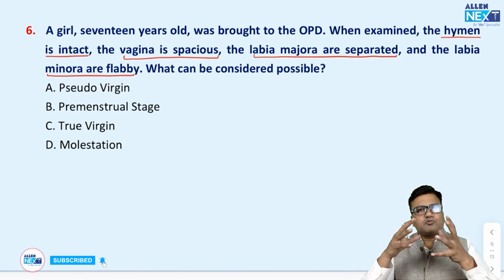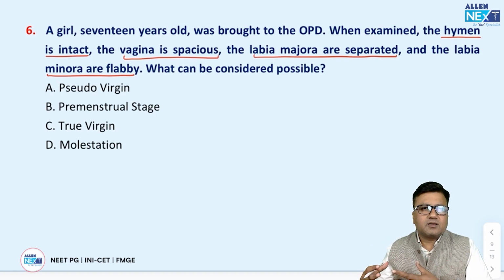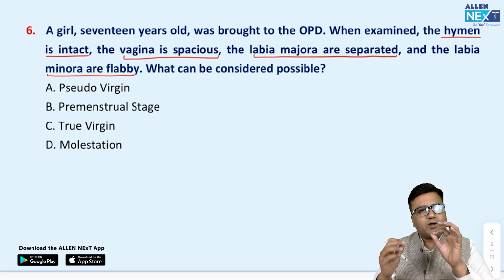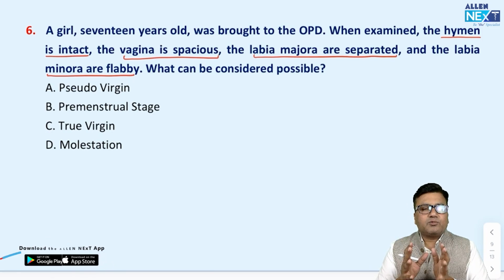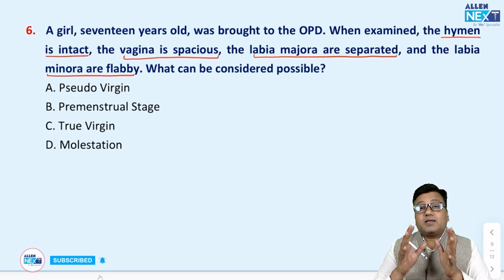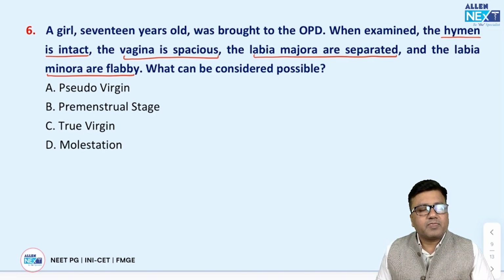So how can these two things coexist together? That some findings are consistent with a habitual female and one finding is consistent with intactness of her virginity, which means she is someone who has experienced sexual intercourse, but hymen tells that she is virgin.